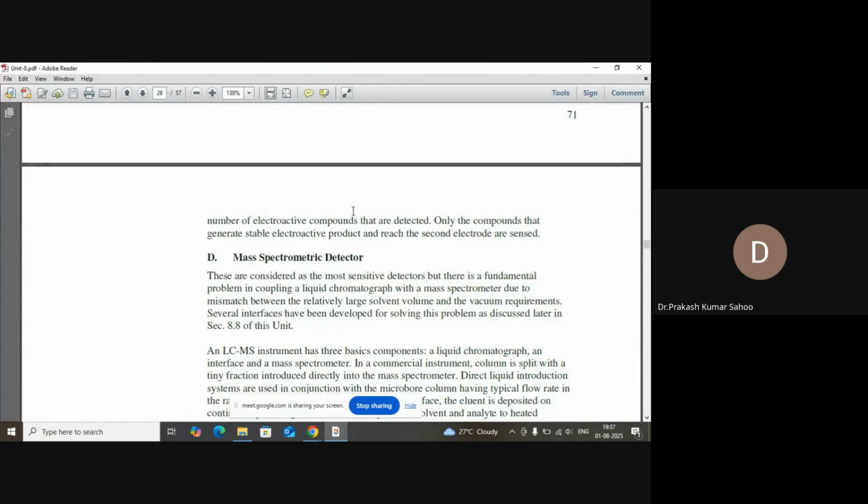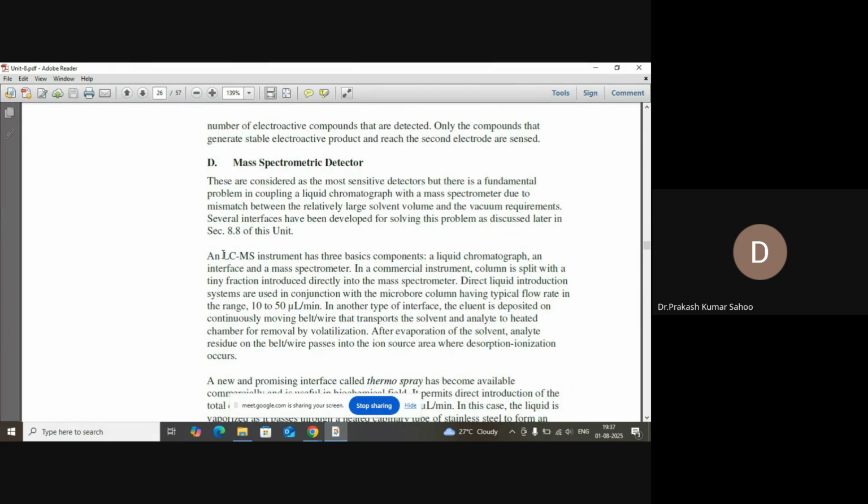So after this is a mass spectrometric detector. This is a very useful instrument, that is LCMS, which is liquid chromatography mass spectrometry, which is used in the spacecraft, GCMS and LCMS.